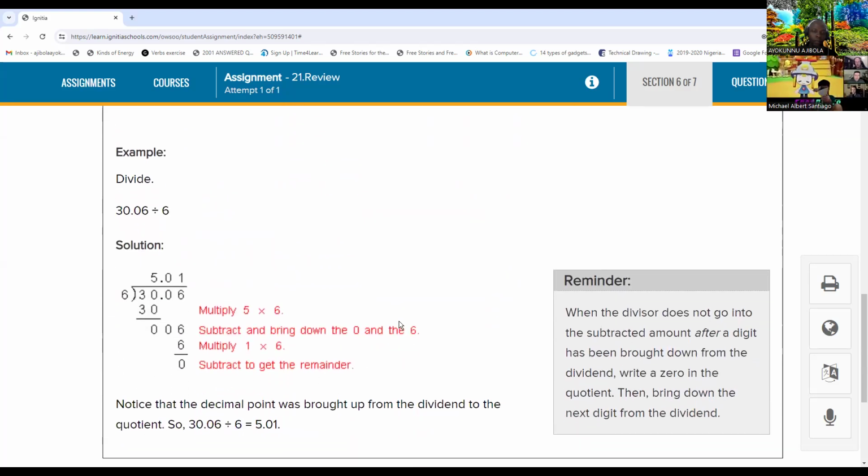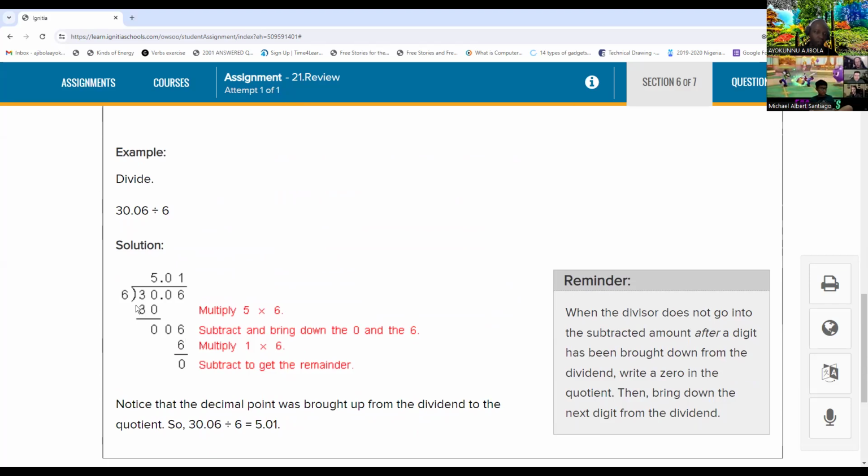Yes. Another example. 30.06 divided by 6. We have 30.06. 6 in 30 is 5. 5 times 6 is 30. Then you subtract that, 0. 6 in 0, not possible. That's 0. So there's nothing.